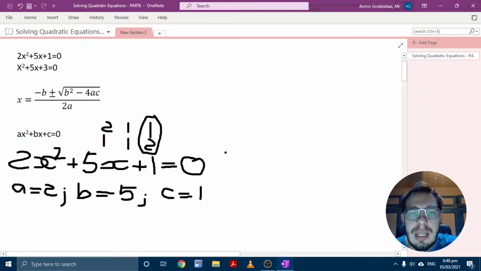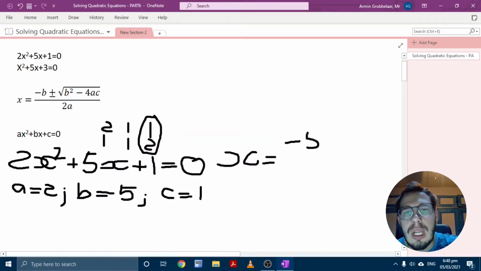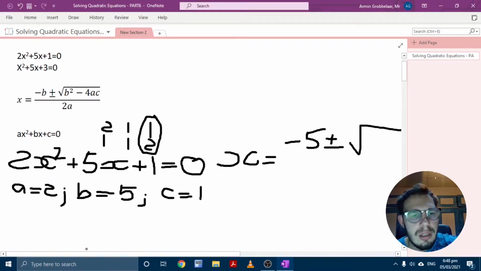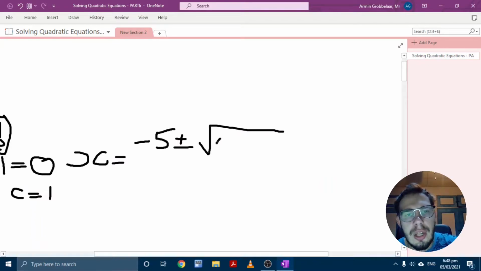So now we can say x is equal to minus 5 plus or minus the square root of b squared. That is just 5 squared. So that is 5 squared minus 4.